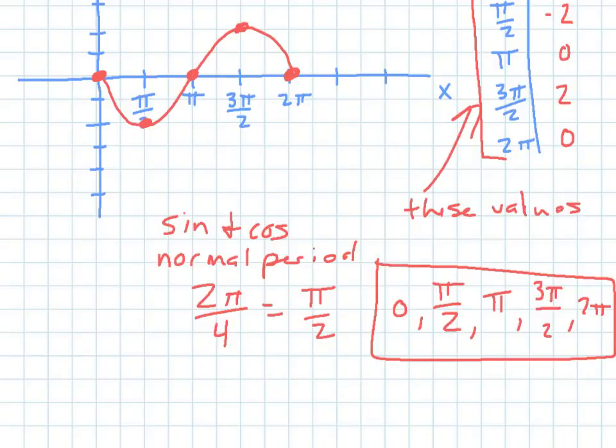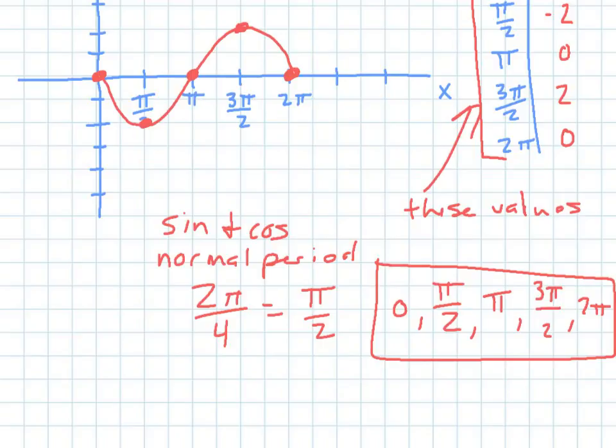But that's kind of how I know that I want to use these, because they've got nice numbers, plus it gives me a nice range of values so that I can get a decent picture of my graph. I don't do like the first 4 in the first quadrant.